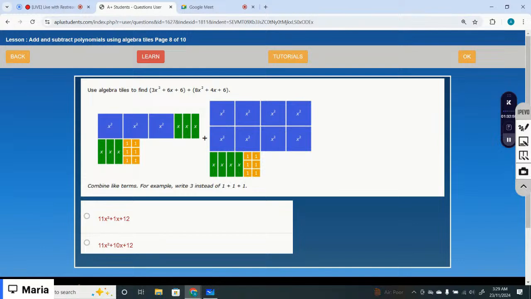That is 11x square plus 10x plus 12. Option number 2 is the correct option.